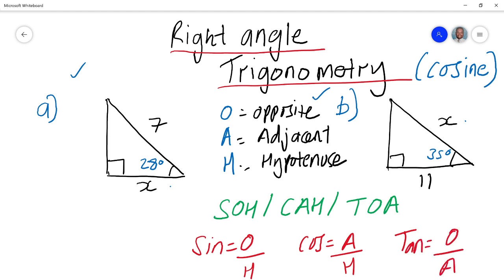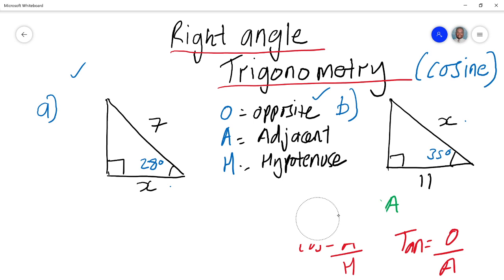Just like any other topic, there are basic steps to follow. When solving right angle trigonometry questions, you need to identify what's been given. Is there an opposite, an adjacent, or a hypotenuse? Then use SOHCAHTOA to work out the appropriate ratio. Now that you've understood the theory, we'll go straight into questions A and B.